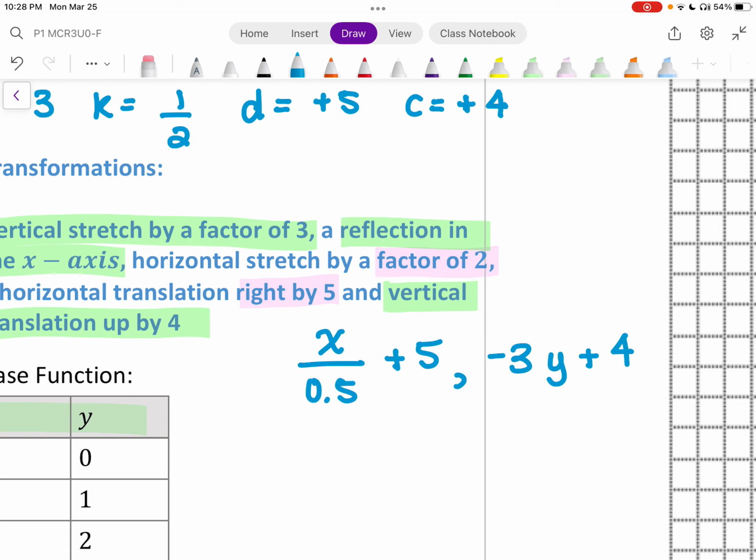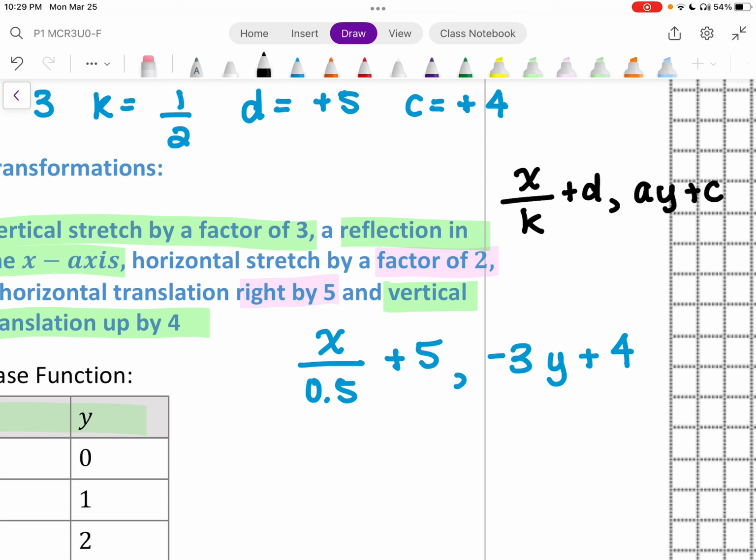So the mapping rule or mapping notation is represented by x divided by k plus d, a y plus c, which makes sense, right? All the x values, you're going to be multiplying them by 1 over k and adding the d value. All the y values, you're going to be multiplying them by the a value and adding the c value.